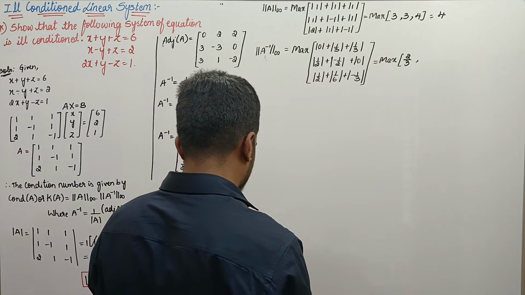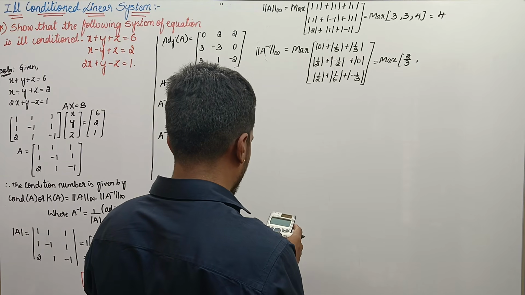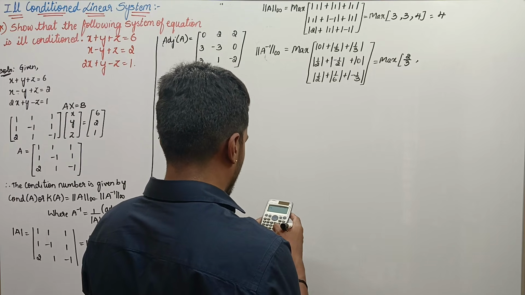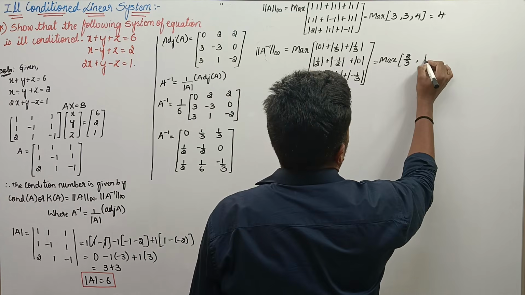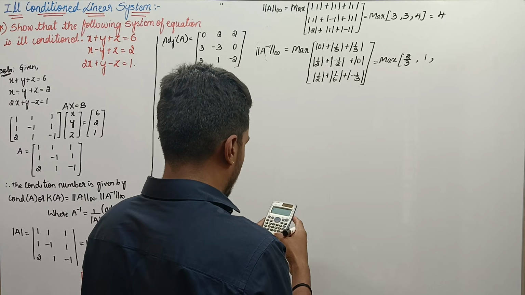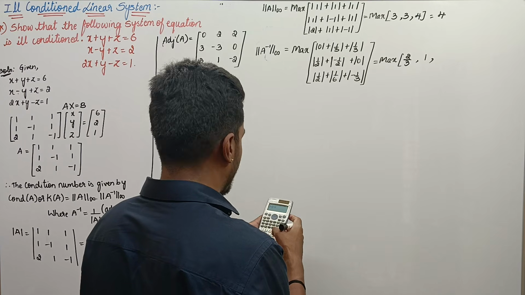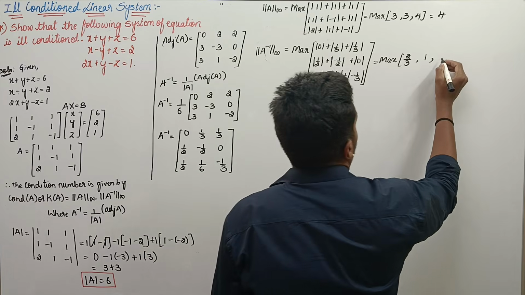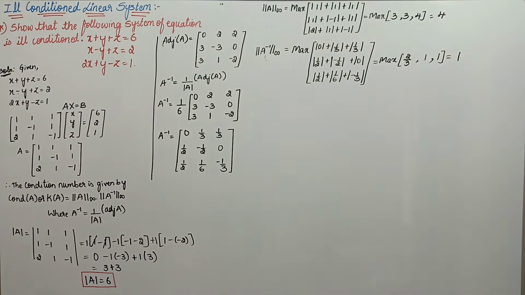Next, we have 1 divided by 2 plus 1 divided by 2, you get 1, comma, the last, 1 divided by 2 plus 1 divided by 6 plus 1 divided by 3, you get 1. Which is the maximum? The maximum value is 1.